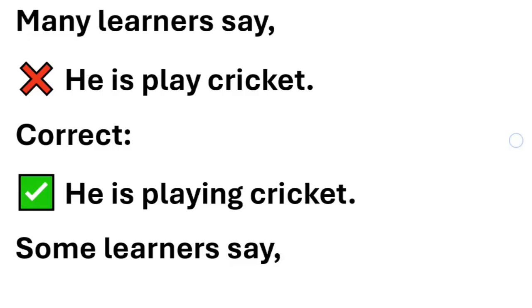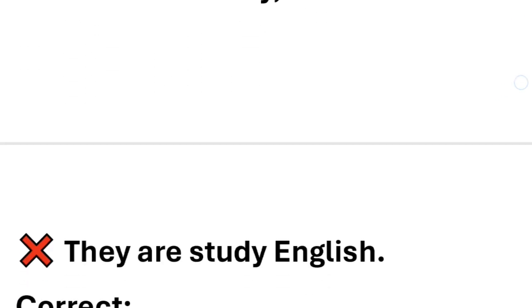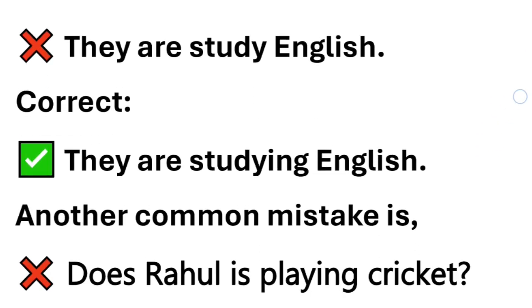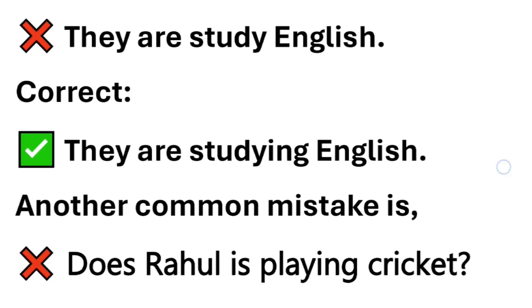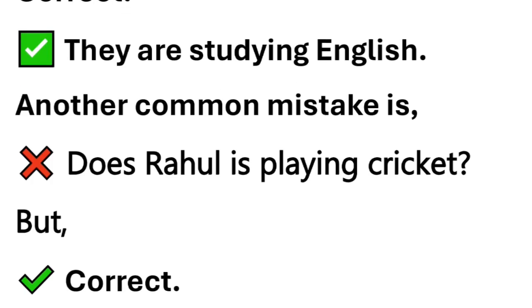Some learners also say they are studying English, which is incorrect, because after the helping verb are, we have to follow ing in the main verb. So study will become studying, and the correct sentence will be they are studying English. So they, subject, are helping verb, studying, and then the object, which is English.